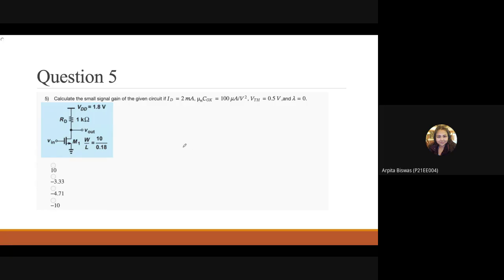So how to solve it? Gm equals root over twice of ID. Ma'am, we can solve it as root of mu n Cox W by L into ID.